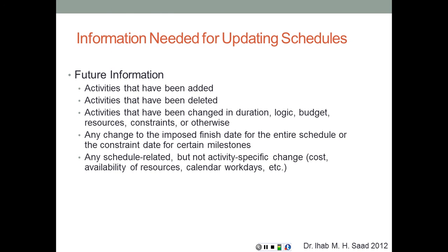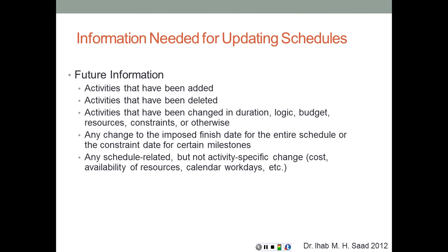So for future information, we need to know if there are any activities that have been added since we have approved the baseline schedule, if there have been any activities that have been deleted, activities that have been changed in duration, logic, budget, resources, constraints, or otherwise, again, in response to corrective actions or preventive actions, any change to the imposed finish date for the entire schedule or the constraint date for certain milestones, whether this is through an excusable delay, which is an extension of time given by the owner for some delay beyond the control of any of the contract parties, and so on and so forth.